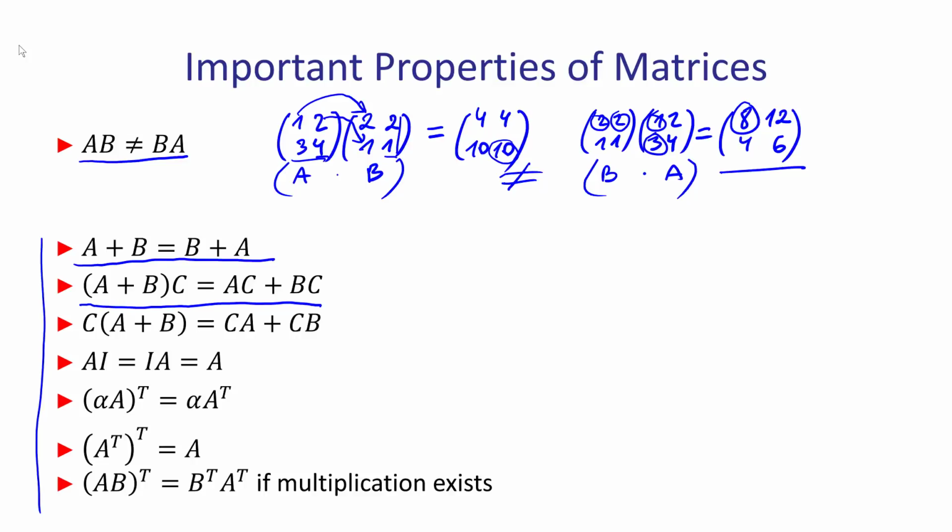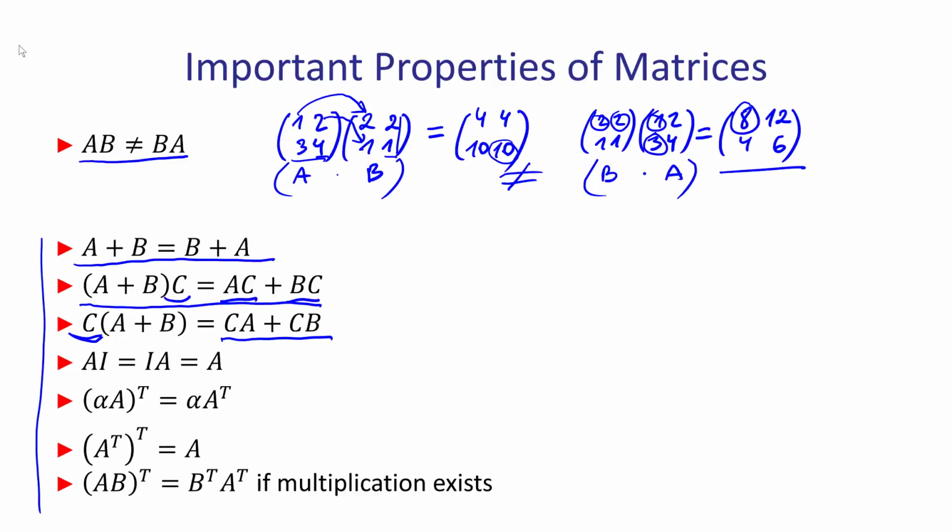So the sum of two matrices A and B multiplied by matrix C, if all the dimensions are fine, is the same as multiplication AC plus the matrix BC. Similarly, if you multiply from the left by C, you have exactly the same law. So this was from the right, and this was from the left.